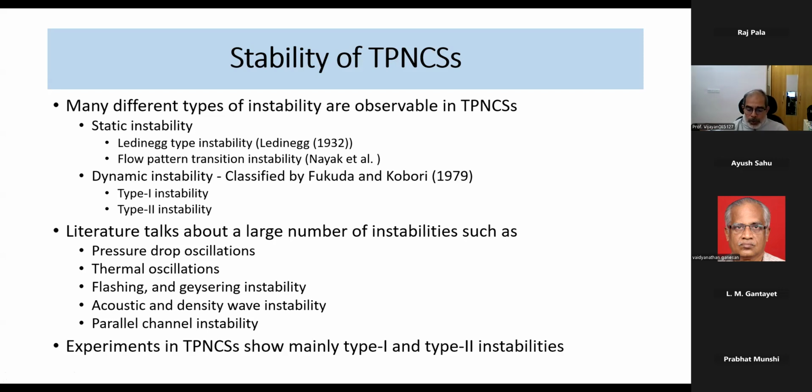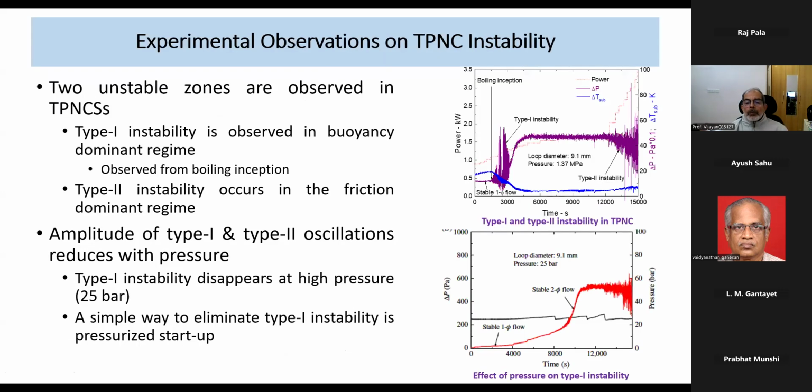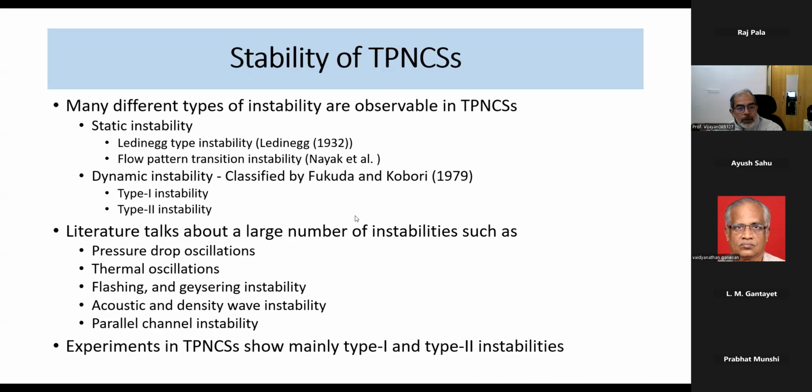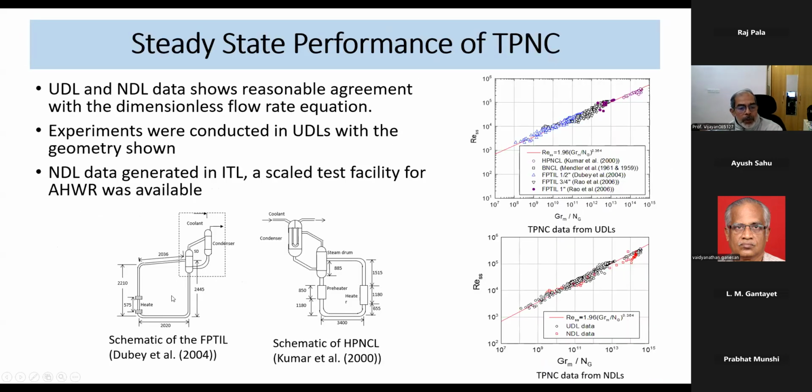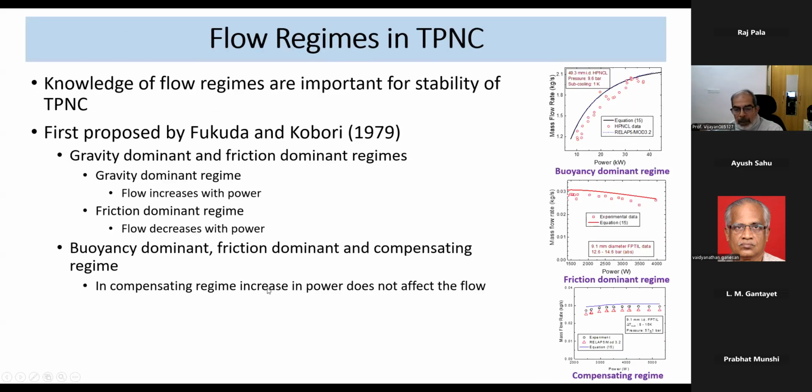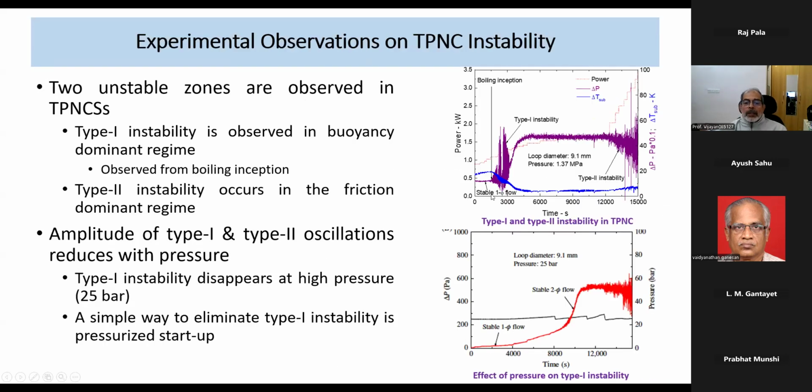And if you are doing experiments, you will find, suppose this is initial single phase natural circulation. So that's the loop which we have considered. This is the kind of loop we took. And in that, we are finding this. There is a low power unstable zone, which he called type 1 instability. And then there is a high power unstable zone, which is called type 2 instability.